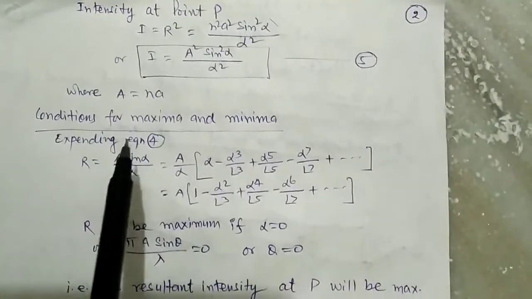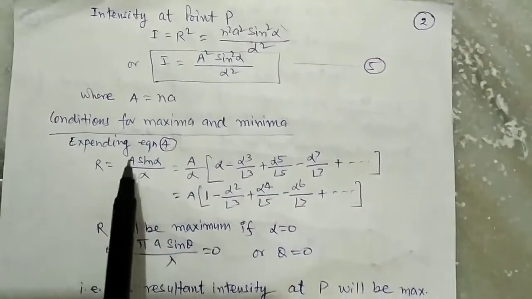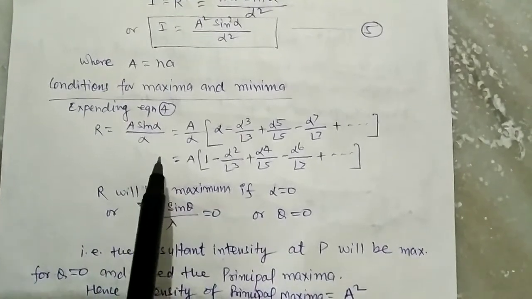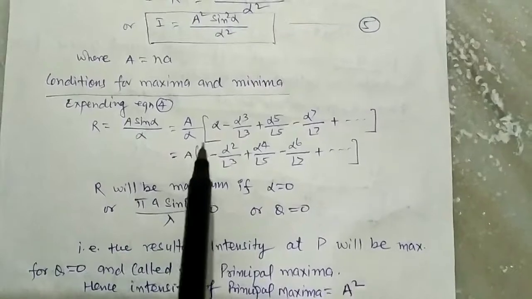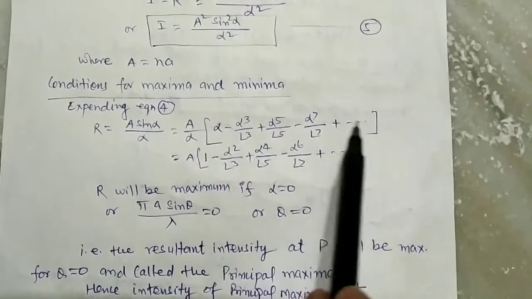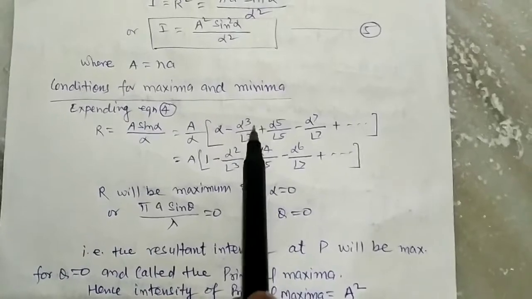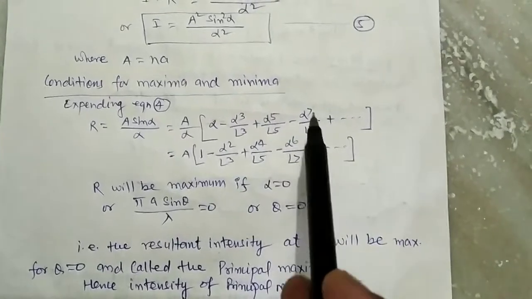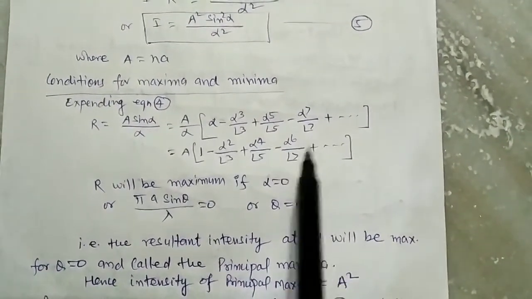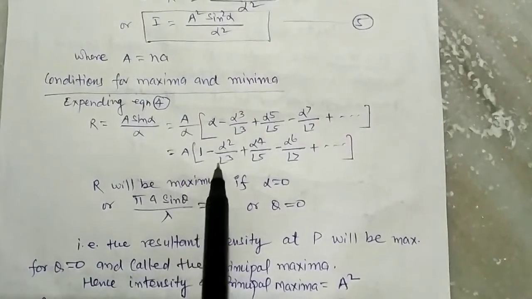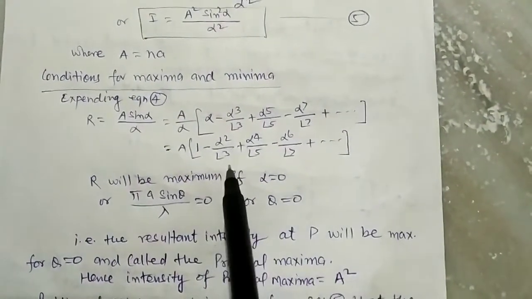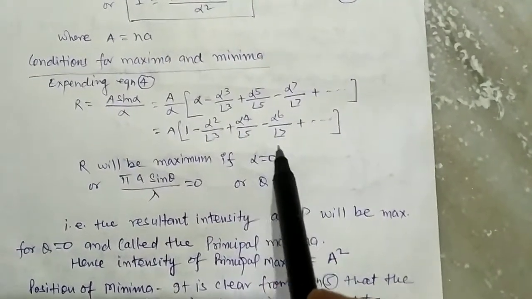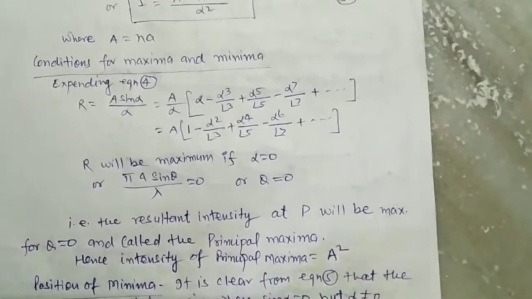Now we have to find out the conditions for maxima and minima. Expanding equation number 4, R is equal to A sin alpha upon alpha, is equal to A upon alpha, and this is the value of sin alpha: alpha minus alpha cube upon factorial 3 plus alpha 5 upon factorial 5 minus alpha 7 upon factorial 7, or is equal to A, 1 minus alpha square upon factorial 3 plus alpha 4 upon factorial 5 minus alpha 6 upon factorial 7, and so on.